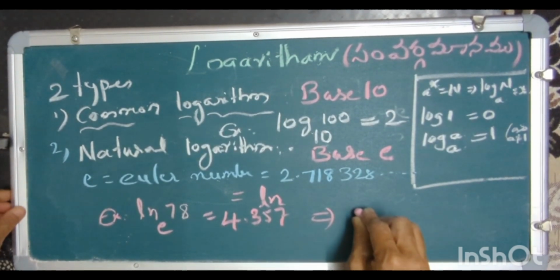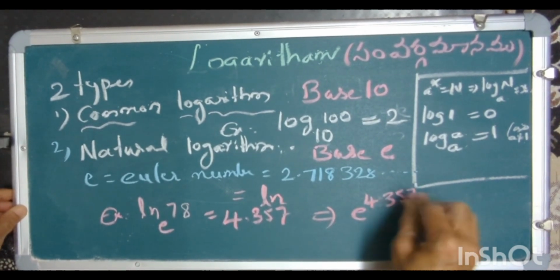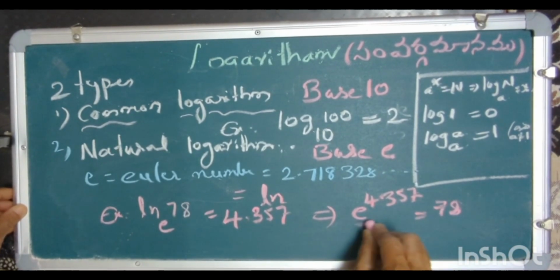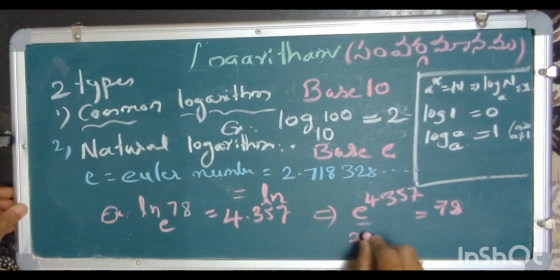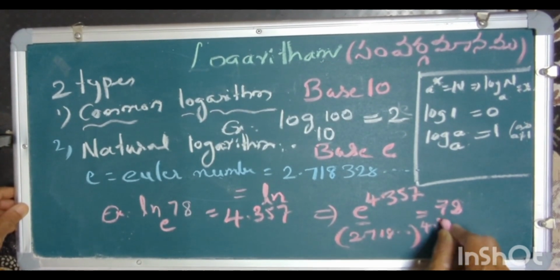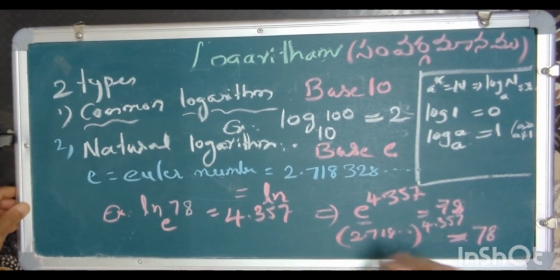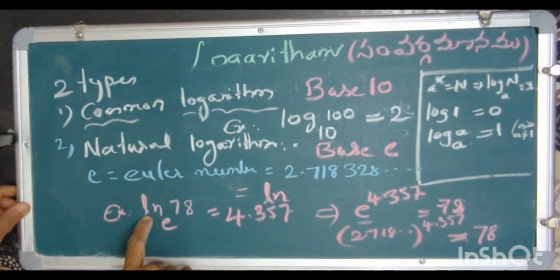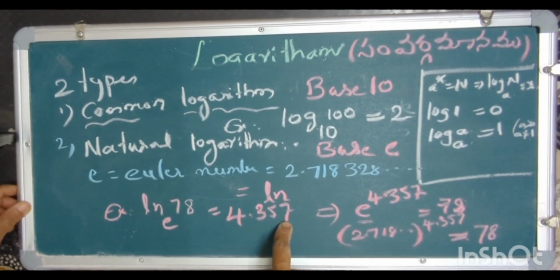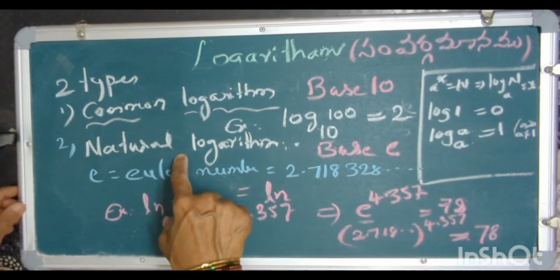E to the power of 4.357 is equal to 78. సో ఇక్కడ E అంటే 2.718 to the power of 4.357 is equal to 78 వస్తే, దీన్ని నేచురల్ లాగరిథమ్స్, లాగరిథం ఆఫ్ 78 బేస్ E ఈజ్ ఈక్వల్ టు 4.357. సో బేస్ E ఉందని నేచురల్ లాగరిథమ్స్ అంటాం.